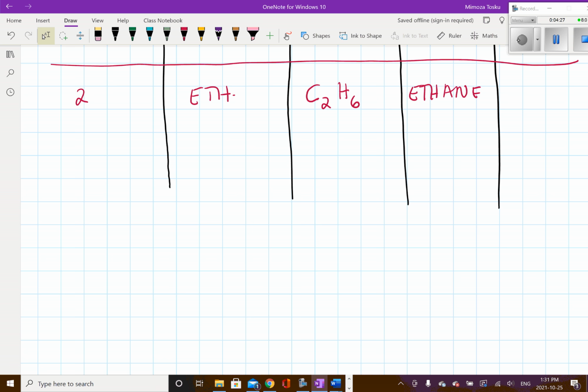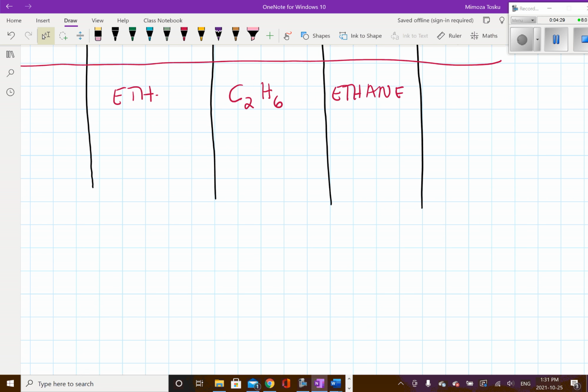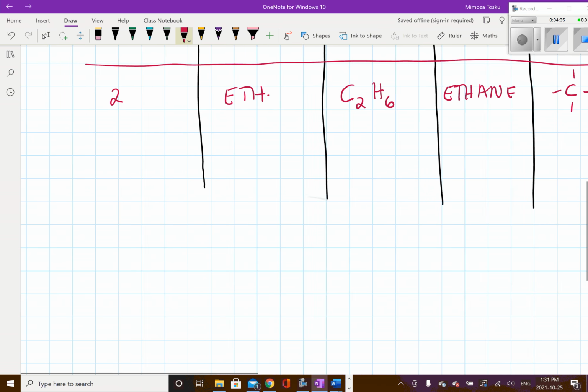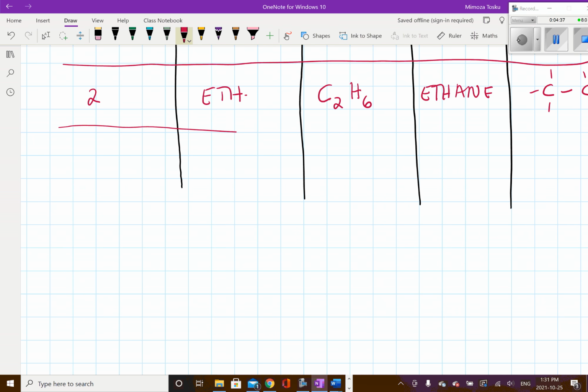And the structural formula is something like this: C 1, 2. I will do different formulas sometimes, simplified structural formula sometimes. The third one, the stem prefix for it is prop.